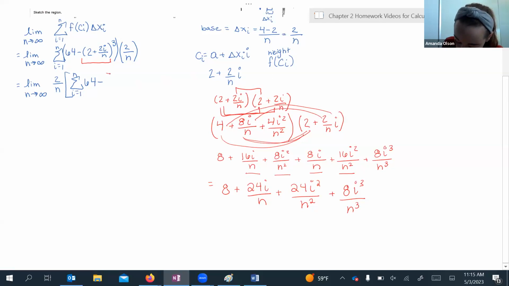So we can go ahead and substitute that back in here. So I have minus 8 plus 24i over n plus 24i squared over n squared plus 8i to the third over n to the third.